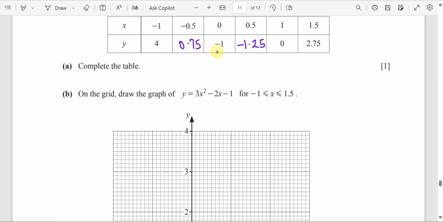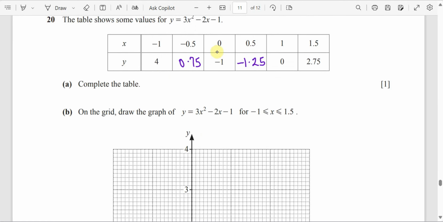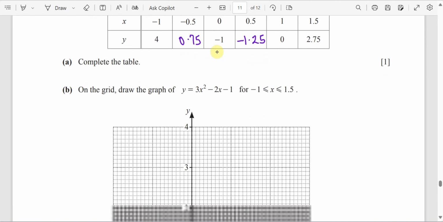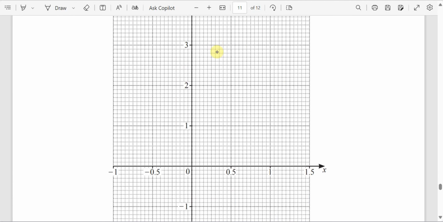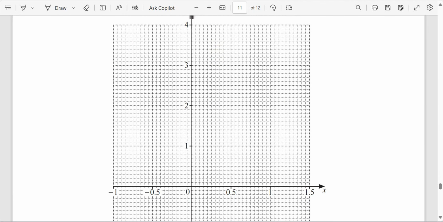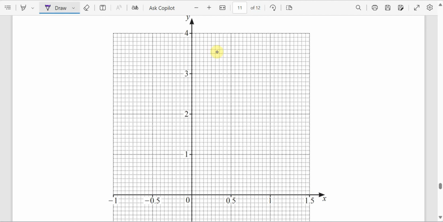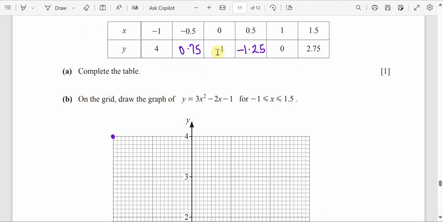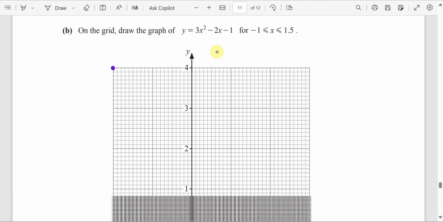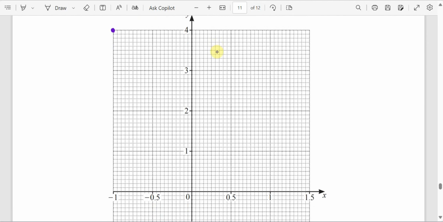So now we need to draw the graph. When x is minus 1, y is 4. So we have it this way. When x is minus 0.5, y is 0.75.